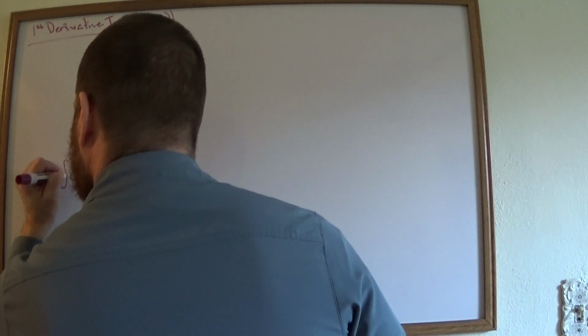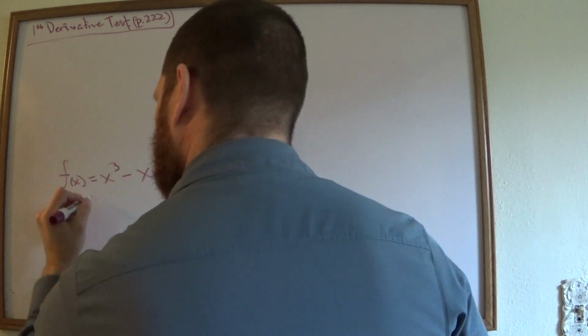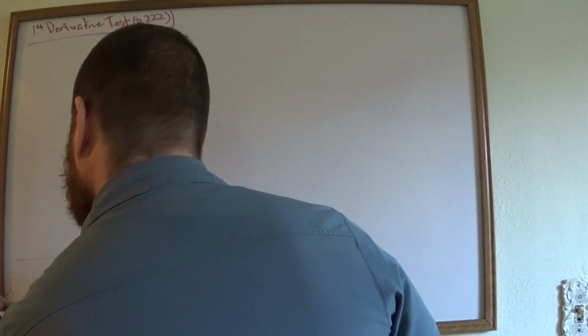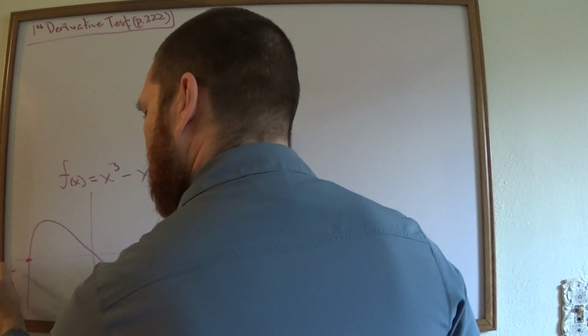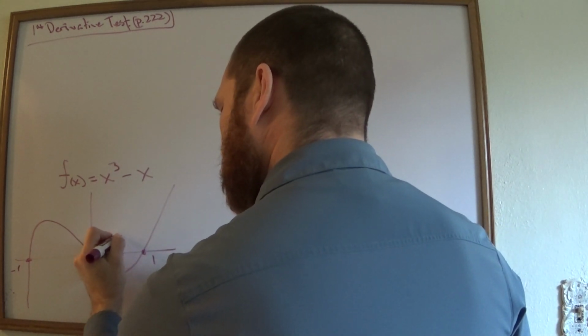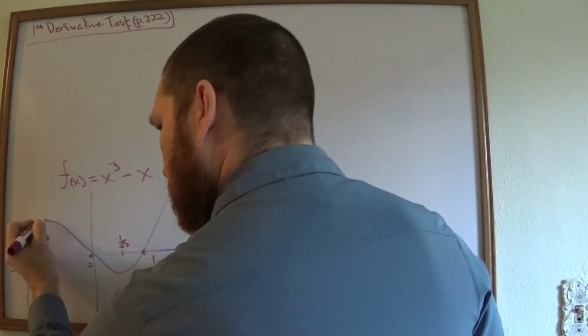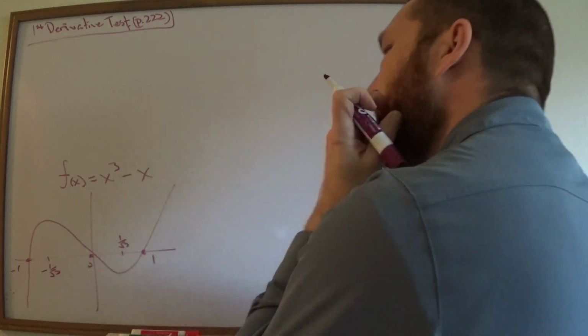So here was our original f, x cubed minus x. We said it looked like this, came down and then went back up. It crosses at -1, at 0, and at +1. This one was at 1/√3. This one was at -1/√3.